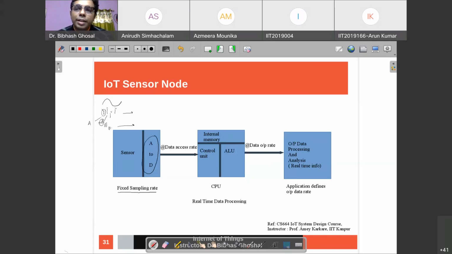So you should understand that the computing unit should be fast enough to complete the processing of data number A before data B arrives, because if it does not happen, then you lose data B. Which means that the processing unit should work at the rate at which the data is provided to it. This is called the data rate, the rate at which the data is accessed. It should finish off.